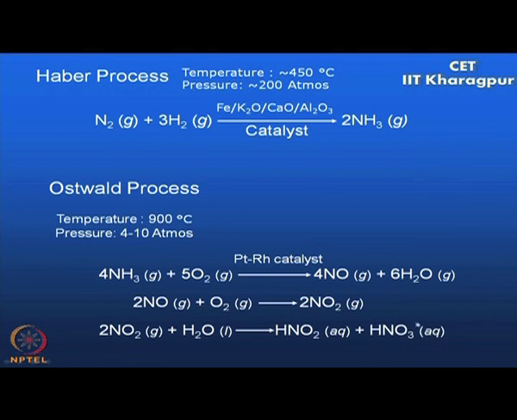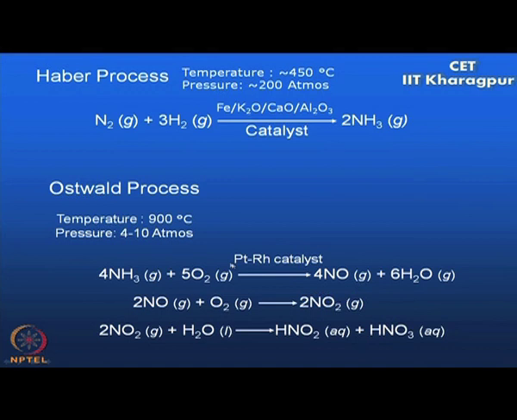So, this is the equated form of your nitric acid, and then this nitric acid is further processed. This HNO3 is aqueous, because it is a dilute situation, so you have to concentrate it. So, you see that it needs 900 degrees centigrade, 4 to 10 atmospheres, in the presence of platinum-rhodium catalyst.